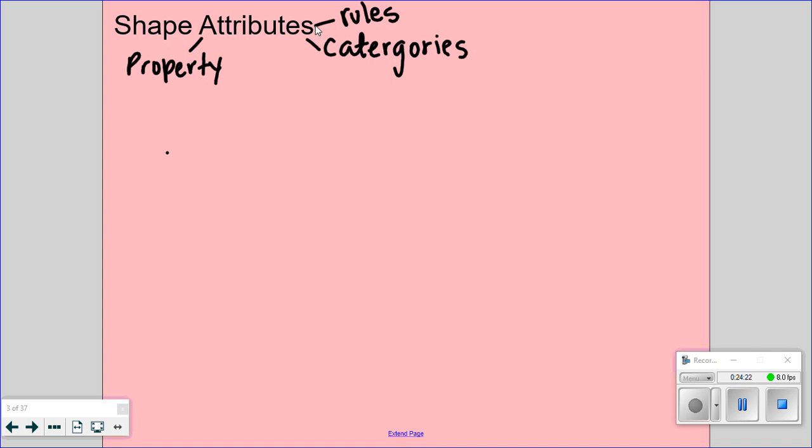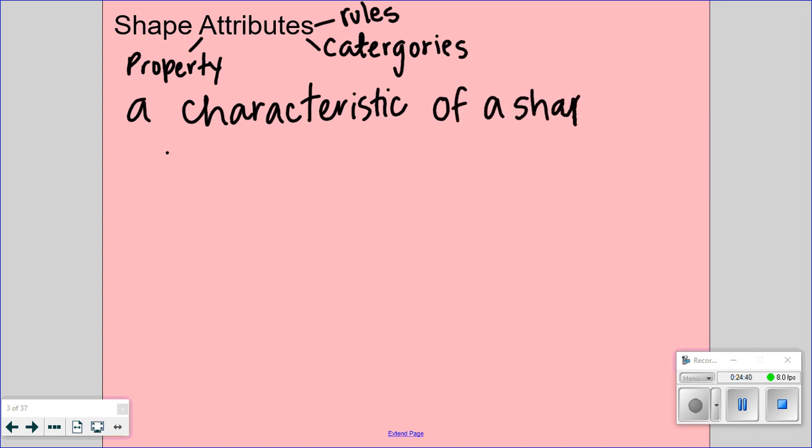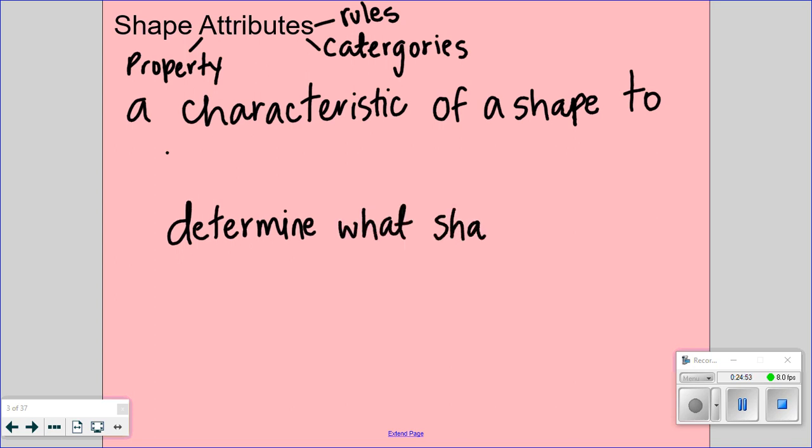An attribute is a characteristic of a shape to determine what shape it is.